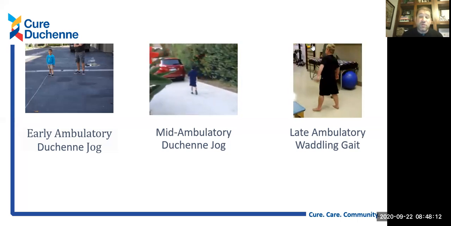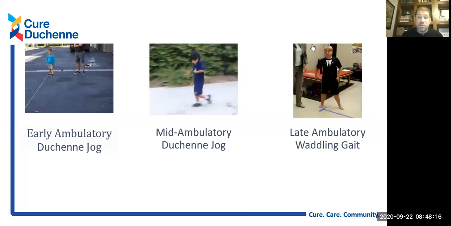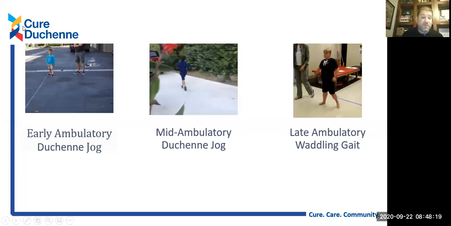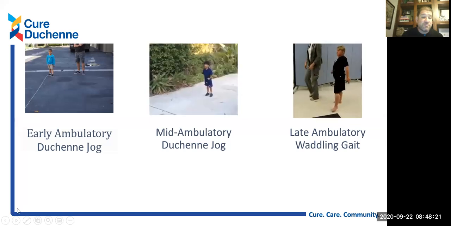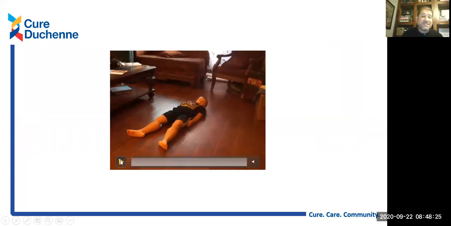It's not extremely obvious, but he's shifting from left to right in order to advance those legs. So just some things where you can see what that looks like. And then the Gowers, this is what I would term a mild Gowers. This is somebody that's probably at the early ambulatory or even mid-ambulatory stage.